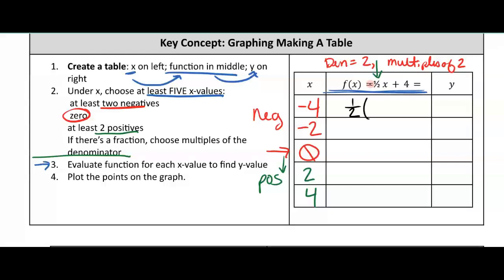And then x, I'm going to put parentheses because to evaluate means to find the value when I replace x with the number, plus 4. This is the frame for that function that I want to evaluate for each x value. And I'm just going to copy that frame in every place.